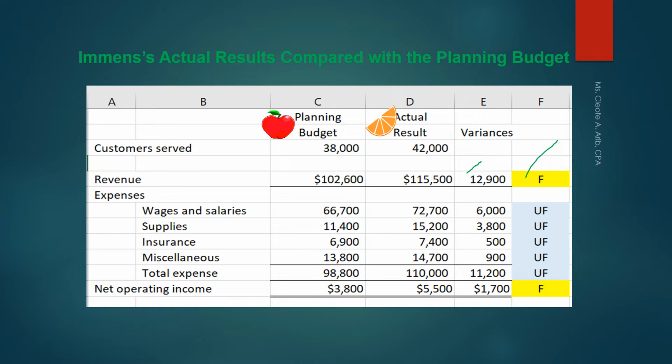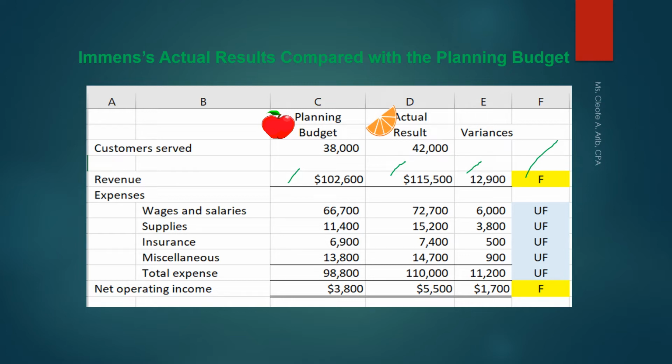Why is this favorable? It's simply because your actual result of $115,500 is higher than your budgeted revenue of only 102,600.